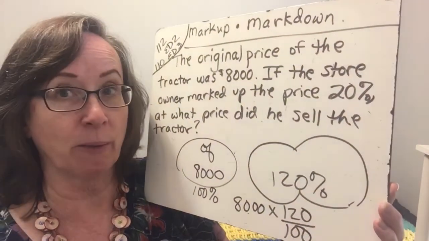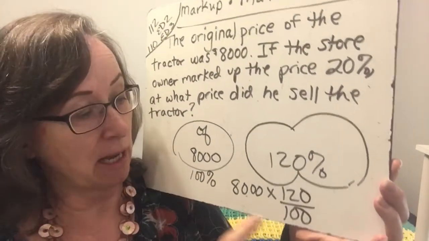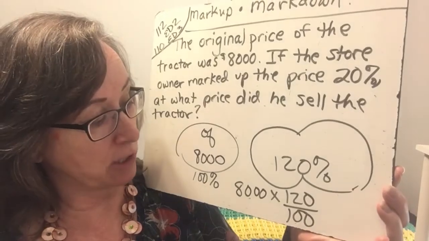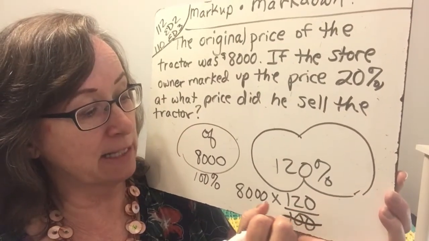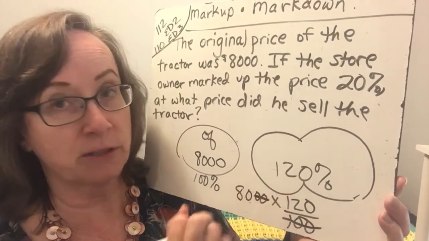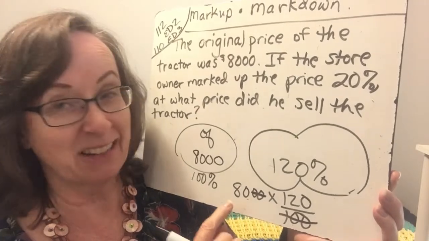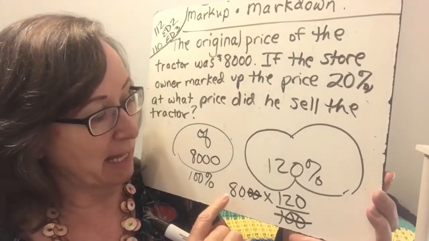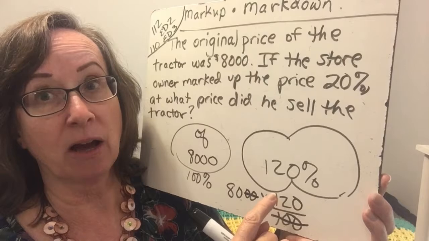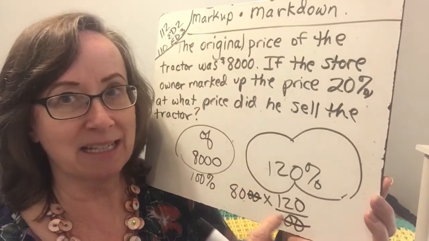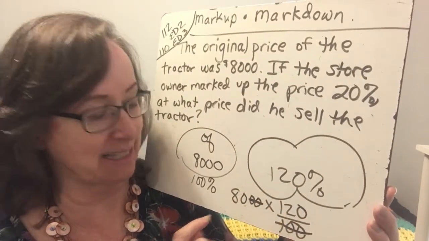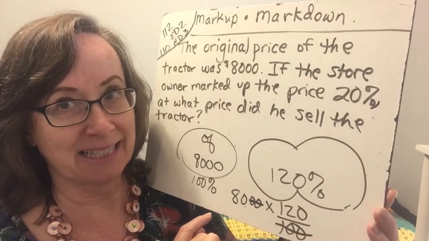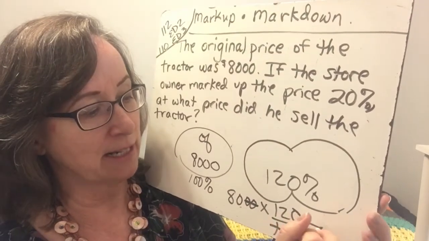Since I've already got this written down, I'm going to do this with fractions. So I'm going to cancel the 100 and knock off 2 of those zeros there. And so now I have a pretty simple problem. 80 times 120, 8 times 12 is 96. So I'm just going to add 96 plus 2 more zeros, right?